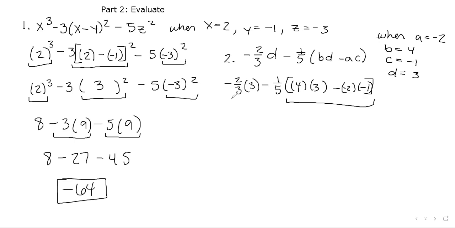Again, if you are able and know how to, you can work this out at the same time you work this out, but we're going to wait. So I'm just going to bring this down for now, and we're going to focus on the brackets, okay? Now, this is 4 times 3, which we know is 12. This right here, we got a minus a -2 times -1.